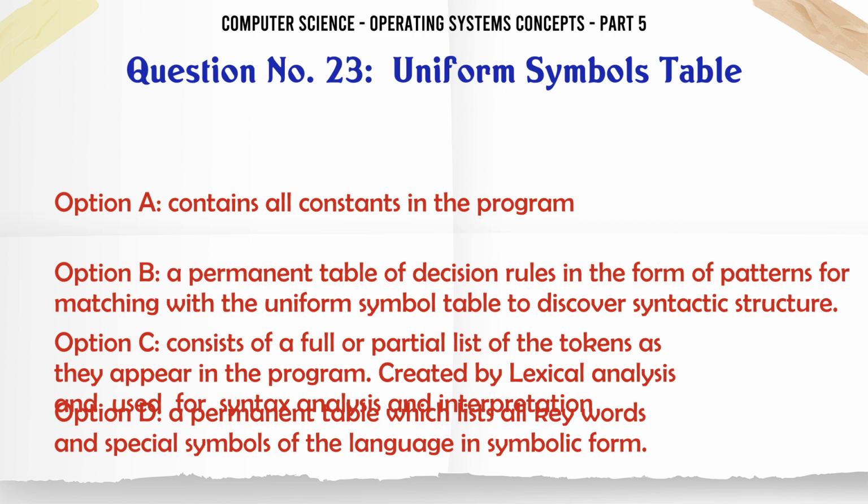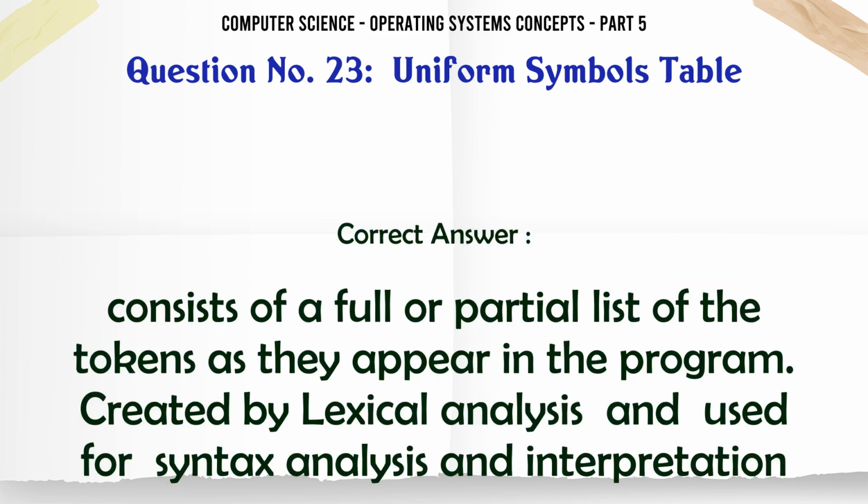D. A permanent table which lists all keywords and special symbols of the language in symbolic form. The correct answer is consists of a full or partial list of the tokens as they appear in the program, created by lexical analysis and used for syntax analysis and interpretation.